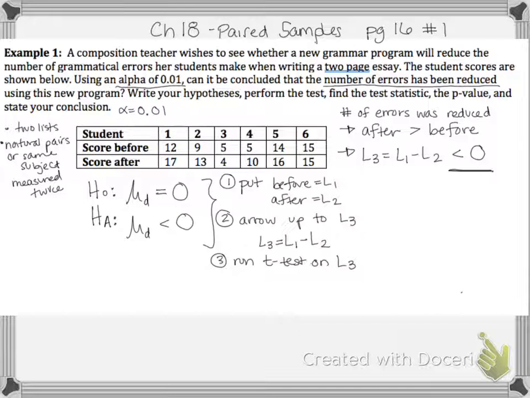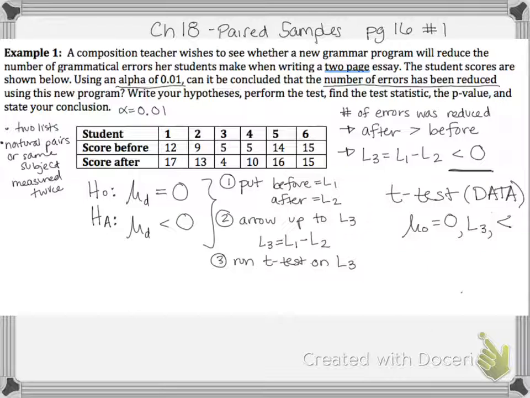So once we get to our t-test, okay, we're going to perform that t-test on the data, right? And your list is going to be list 3. Let's do this in order. Mu naught is 0 in this case because we believe the difference is 0. The data is in list 3, and we are testing less than that mu naught.